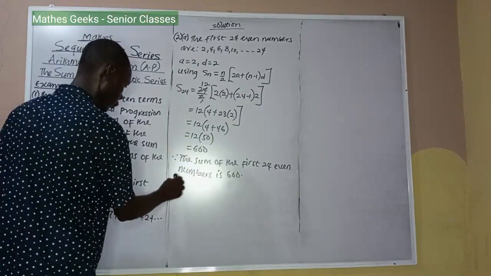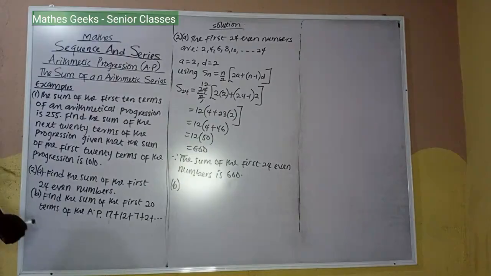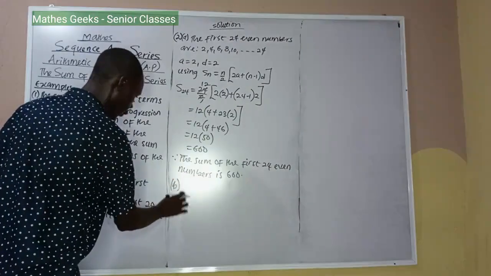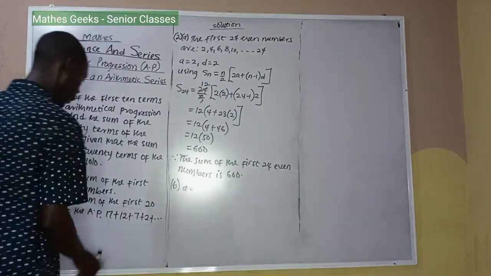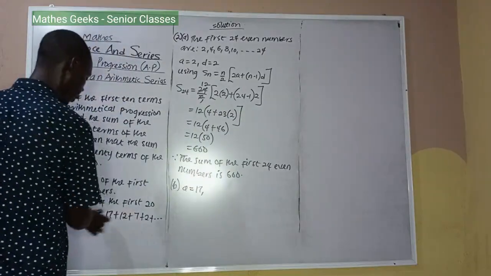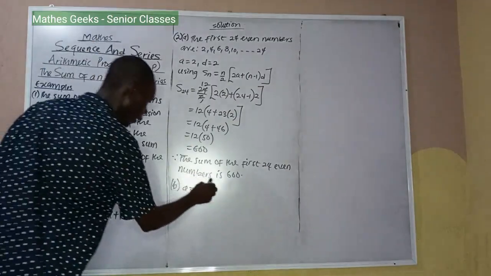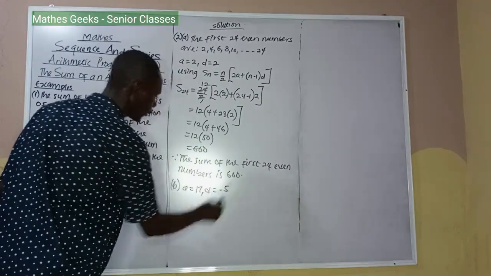B. Find the sum of the first 20 terms of the AP 17, 12, and so on. In this AP, the first term is 17. The common difference is 12 minus 17, which is minus 5.